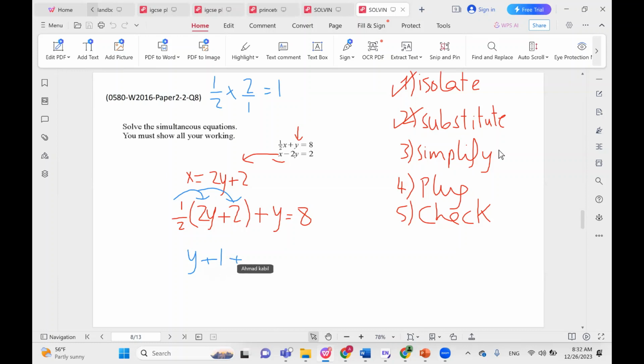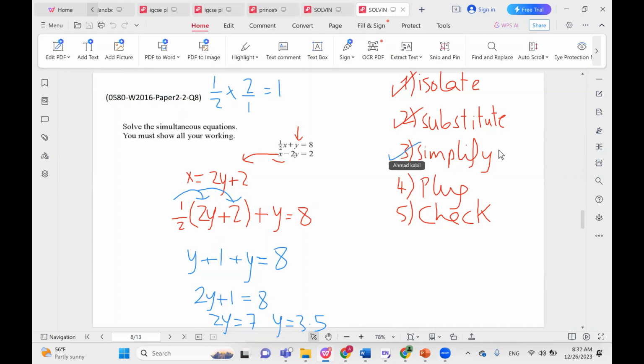And then you add y, and this is equal to 8. So you have 2y plus 1 equals 8. 2y equals 7. y equals 3.5 or 7 over 2. We're done simplifying.